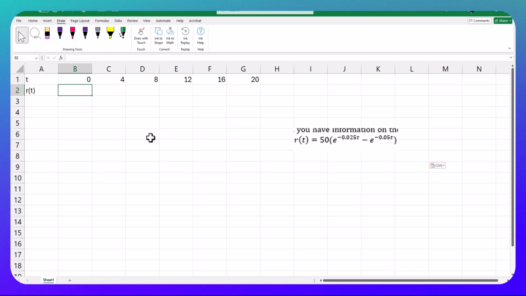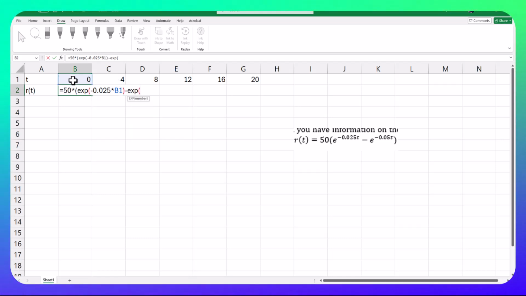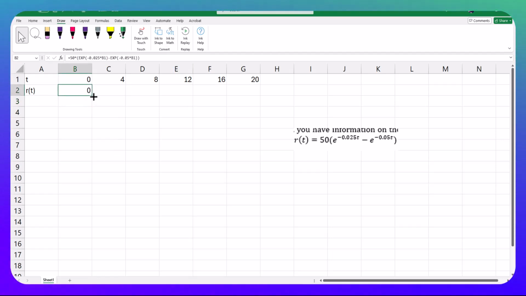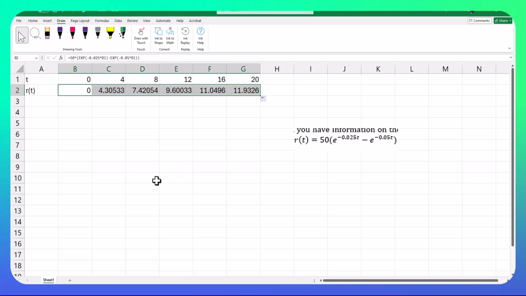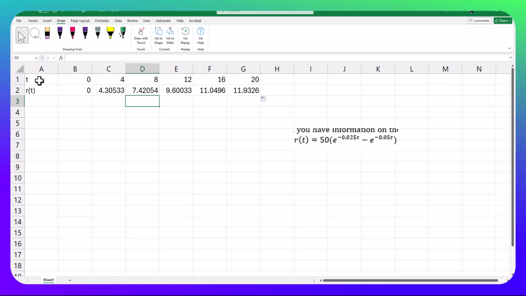So I'm going to take equals 50 times, open parentheses, EXP, open parentheses, this is the exponent, negative 0.025 times that value, t, close the EXP, minus the next EXP to the negative 0.05 times that t, close the EXP, and then close the parentheses. And again, the reason why I do this is in Excel, I can drag this straight across and bam, I have my table.